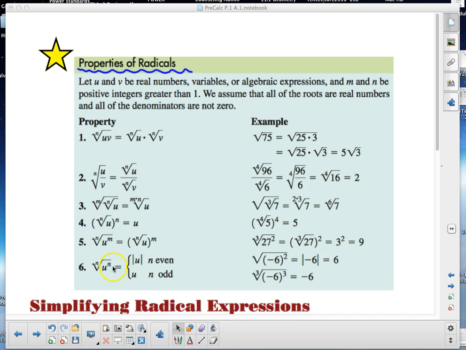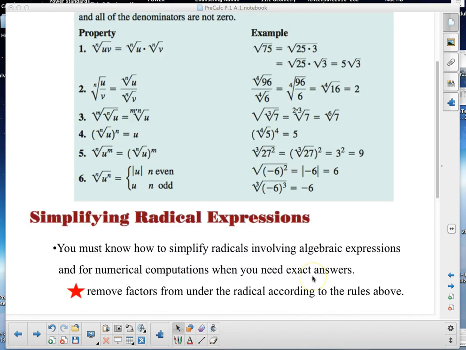This is known as even-odd. And if it's even-odd, you've got to do the absolute value. So the index of 2, the square root of negative 6 squared, this is even, this would be odd. Here is the power, and the absolute value of negative 6 is 6. This is odd and odd. It comes out as negative 6.